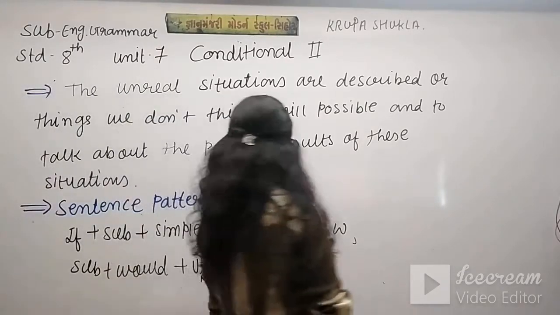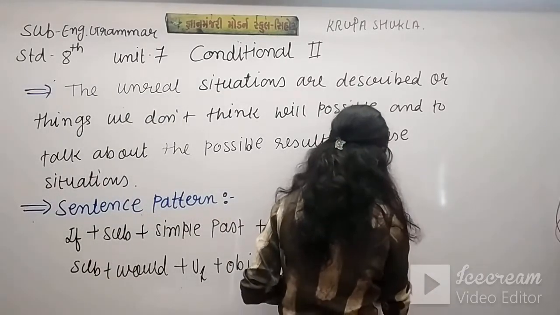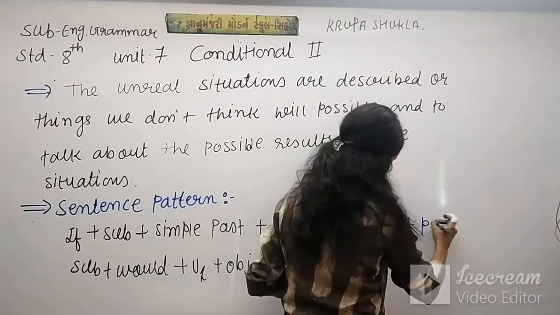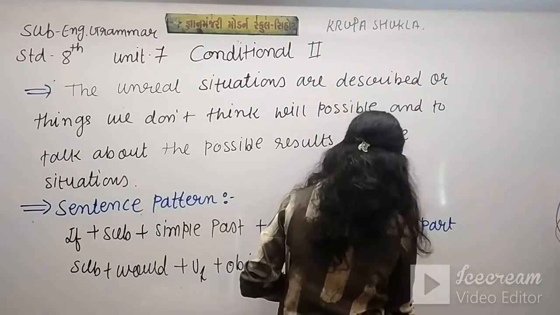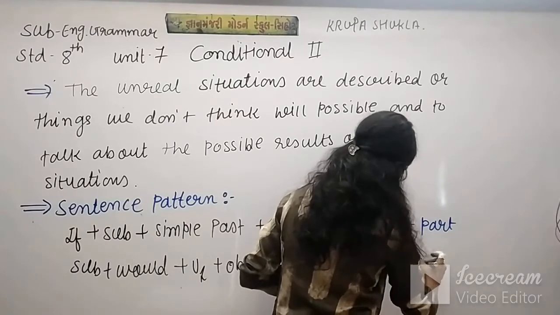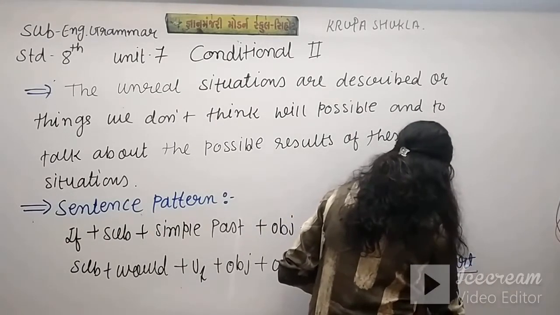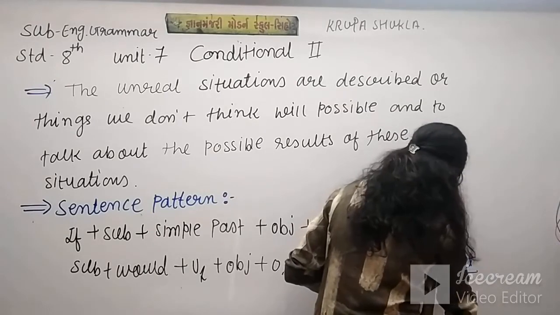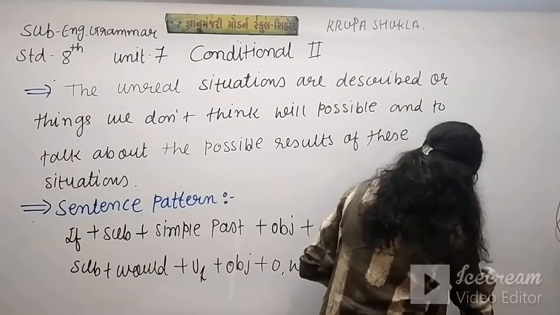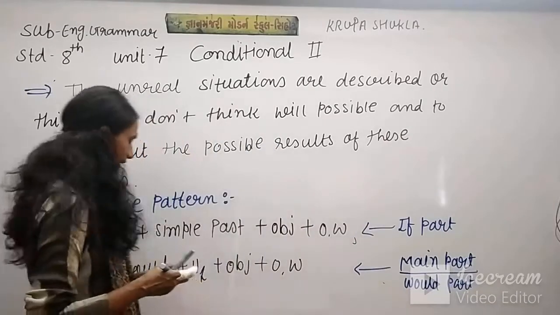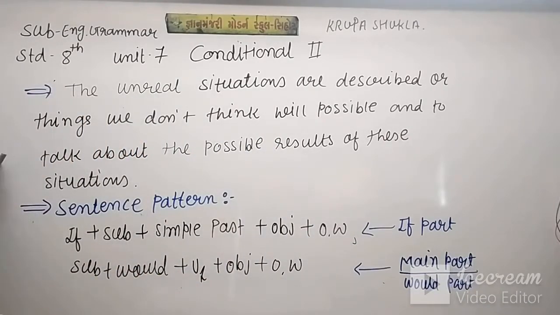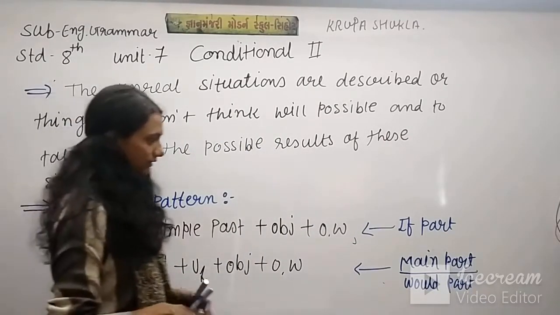So let me write here that this one is the if part and this one is the main part, or you can say the would part. Okay, so here is one more definition with sentence pattern.